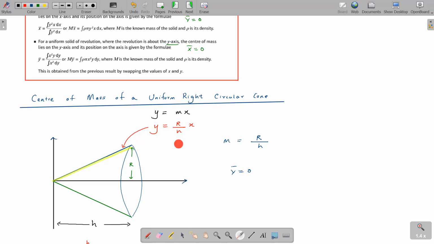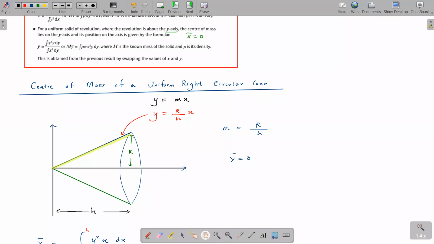This is the most important thing we require here, because we need the equation of the line in order to calculate the center of mass.